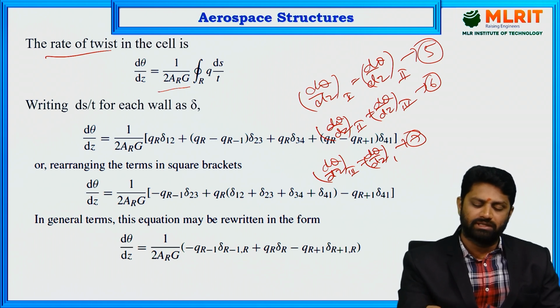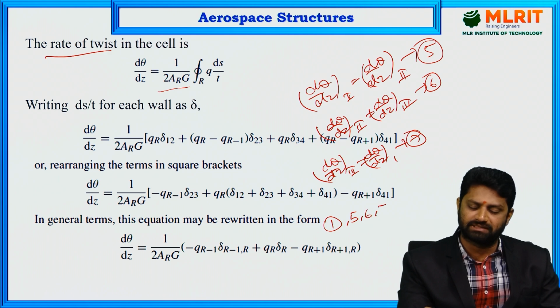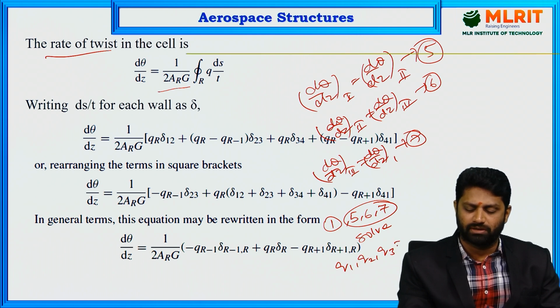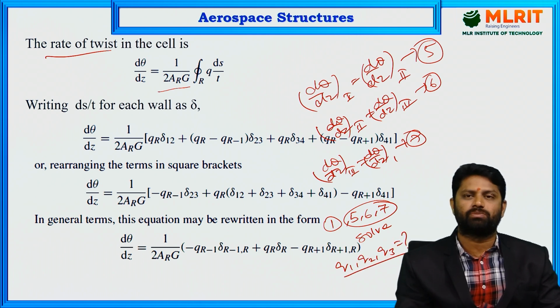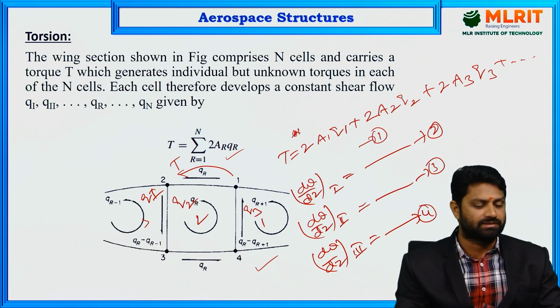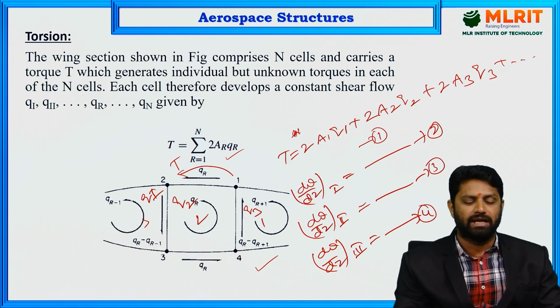Now if you solve equation 1 along with equations 5, 6, 7 simultaneously, you are able to get the shear flows Q1, Q2, Q3. So this is how the procedure for torsion goes. For any wing or fuselage with one cell, two cells or three cells, this is the procedure.